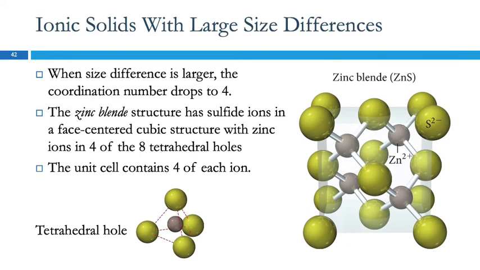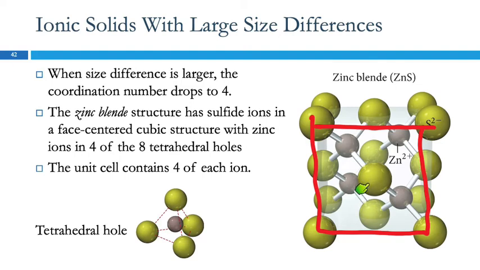And if you get even larger size difference, you can end up with this. This is called the zinc blende structure. But again, looking at the unit cell, look at the sulfide ions. There's one face, and here is an atom in the face, right?